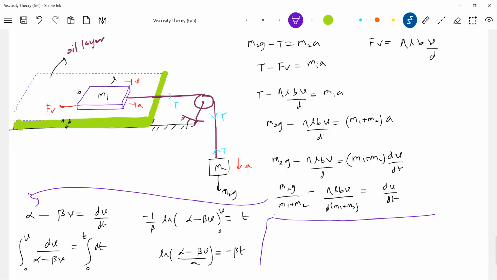Send the log to that side. So (alpha minus beta V) by alpha equal to e to the power of minus beta t. So this will become alpha by beta into (1 minus e to the power of minus beta t) equal to V. So this is the expression for the velocity of the block at any time t.